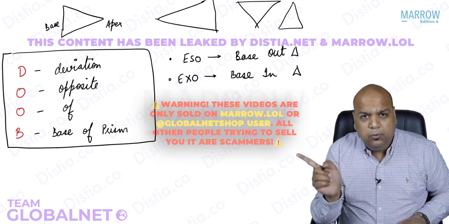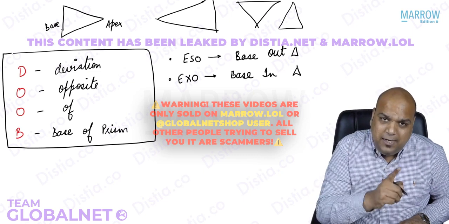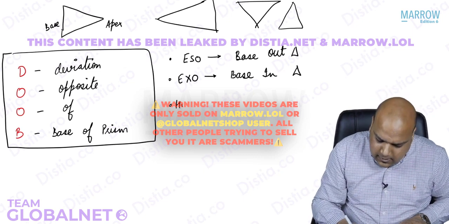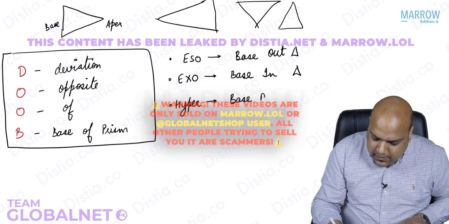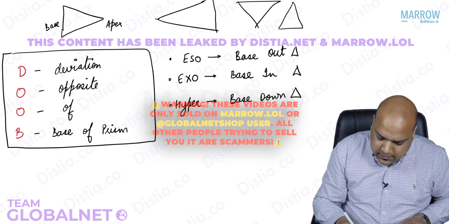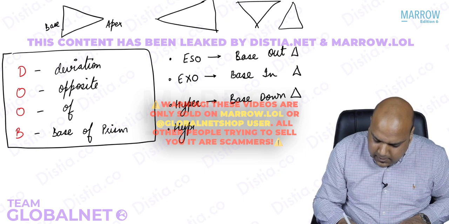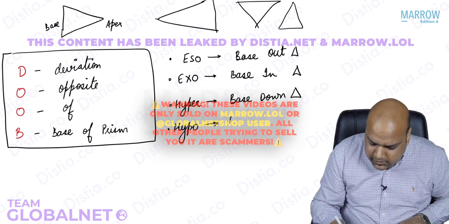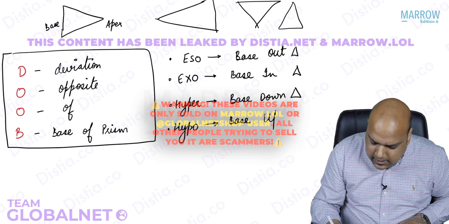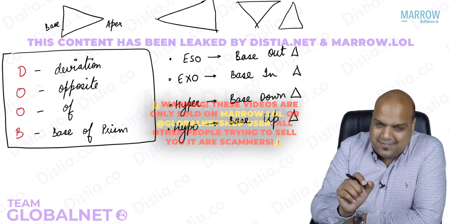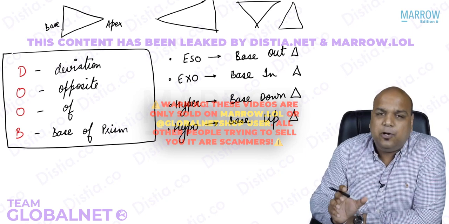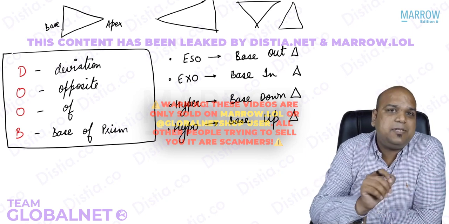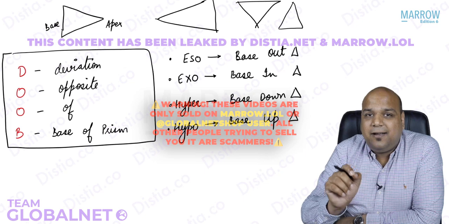XO means deviation out, so prism base should be in. Similarly, to complete the list, hyper means up, so base should be down. And hypo means deviation downward, so base should be upwards. So I hope you understand these bases. Apart from the image based questions, this is the kind of question that can be asked as an MCQ to us. Prism bar cover test.